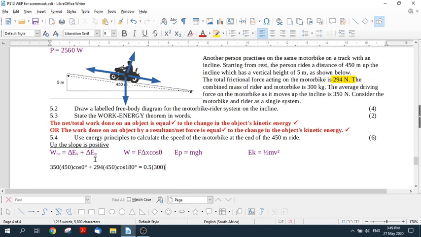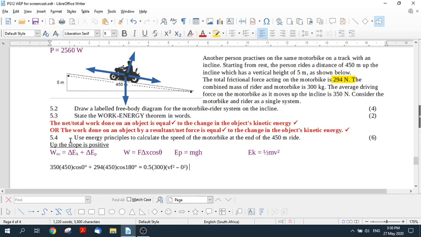Look at the formula, it's delta EK, so it's going to be the final velocity, VF squared minus VI squared. VI was 0, and the squared is just optional on there.